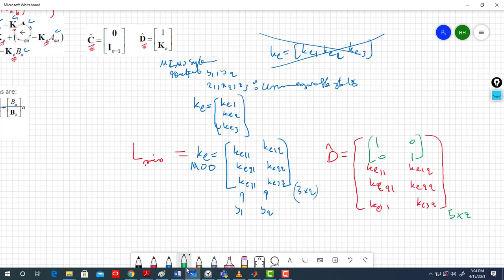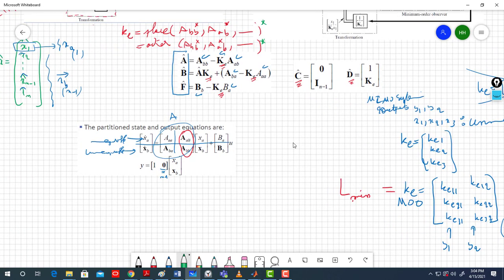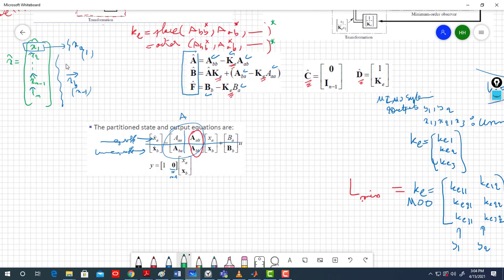What about C? C here is a vector and here is the identity matrix of size n minus 1. So n minus 1 represents what? It represents the n minus 1 unmeasurable states. Remember, I was telling you we are taking only one output, one measurable state, I want to say, and n minus 1 unmeasurable.